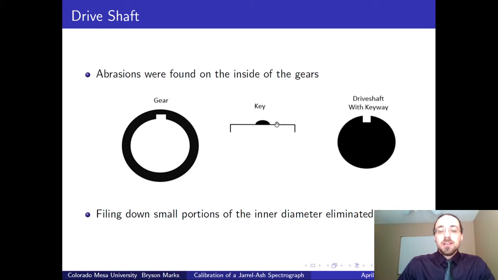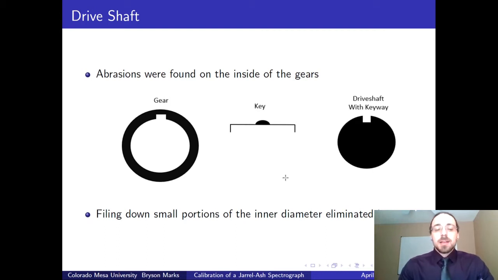This key fits inside the keyway on the driveshaft. Once the key is inside the driveshaft, you can put the gears on the driveshaft. Due to having 4 gears, you can change between the different gears by having this key enter this notch here, and I will select that gear and use that one to rotate.